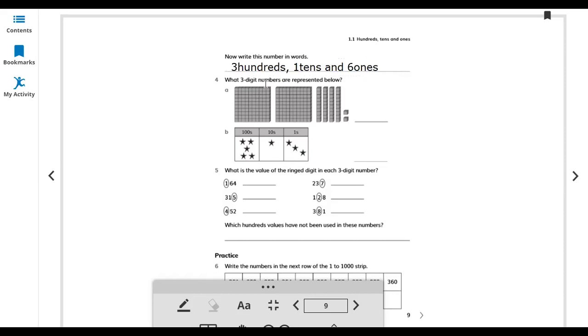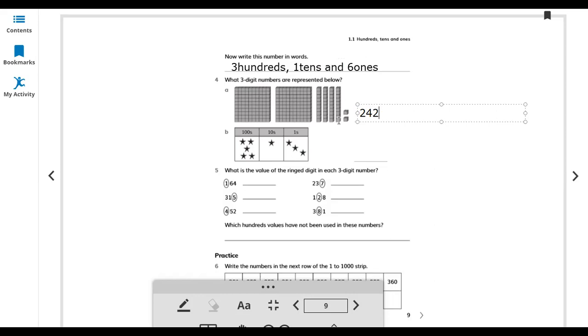Question 4. What 3-digit numbers are represented below? The same as question 3. So these two squares, as I drew in the previous question, are 100, 200. We need to write 2 at the hundreds place value. What about tens? 1, 2, 3, 4 tens, so 4 tens means 40, and 2.